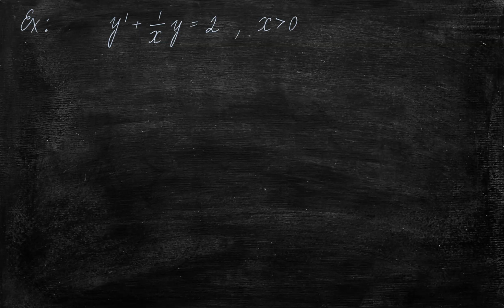And how do we know this is a linear first order differential equation? Because we can identify the p, which is 1 over x, and q, which is 2, which make this equation written in this form.